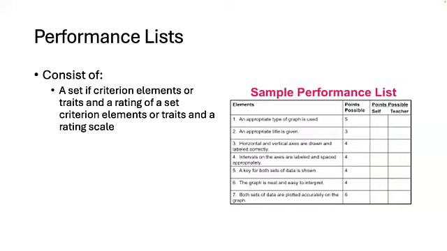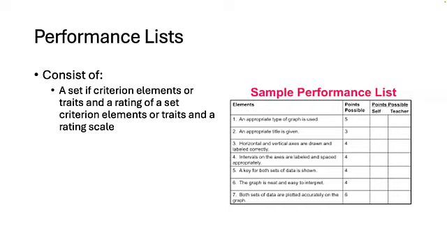Performance list. I like these a whole bunch because performance list allows you to look at the analytic portions as the students are creating or performing them as they go through a project. Great for self-assessments for the students. You get to reverse engineer each criterion, if you will, in the performance.